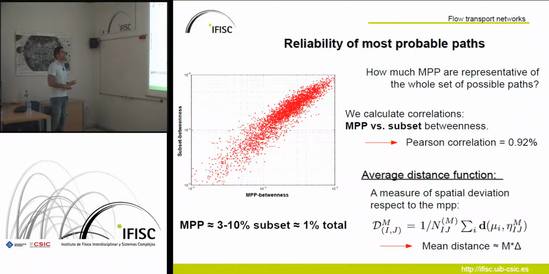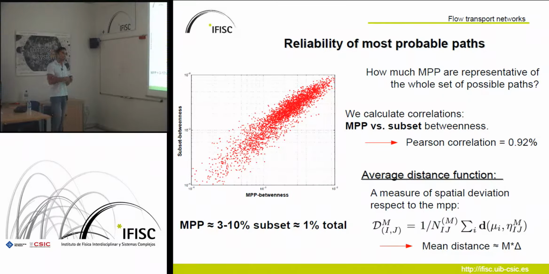And well, this is interesting if you consider that the number of most probable paths in our network is of the order of between 3 and 10% of the subset of highly probable paths. And this subset is less than 1% of the total paths in the network.